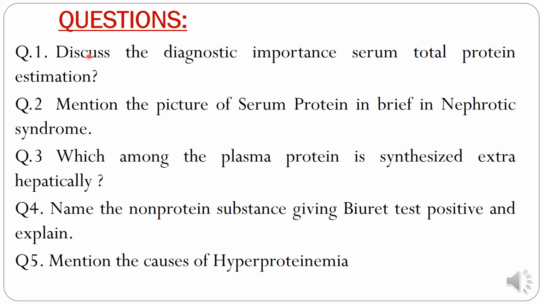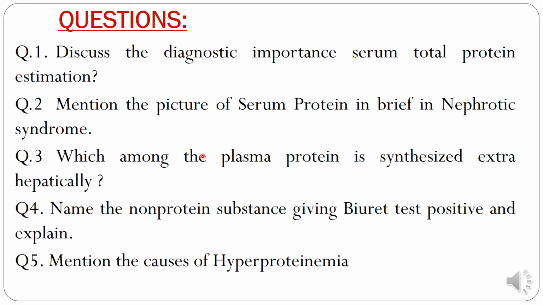Before stating the questions, I am assuming that you liked what I spoke and you learned something new. Based on what we discussed, I assume you are in a position to answer these questions: discuss the diagnostic importance of serum total protein estimation, and mention the picture of serum protein in brief in nephrotic syndrome.